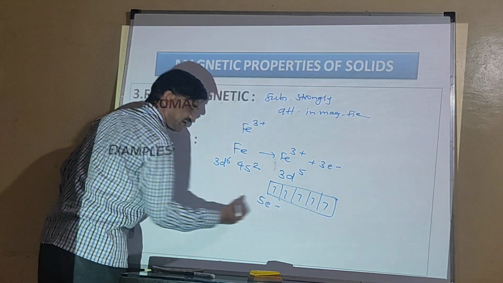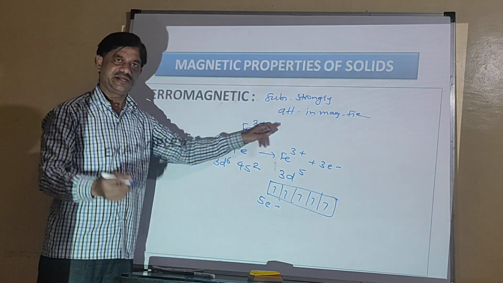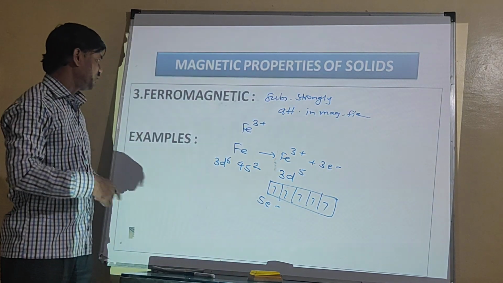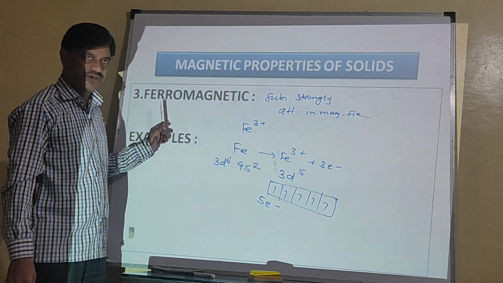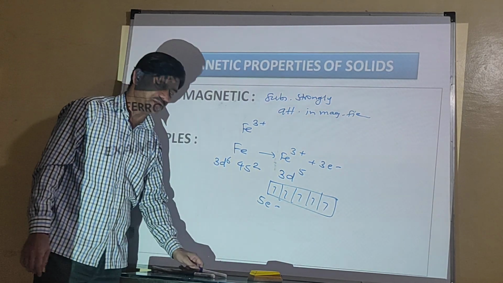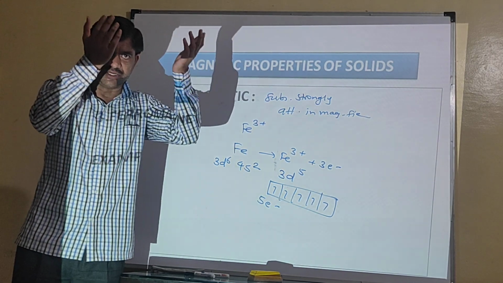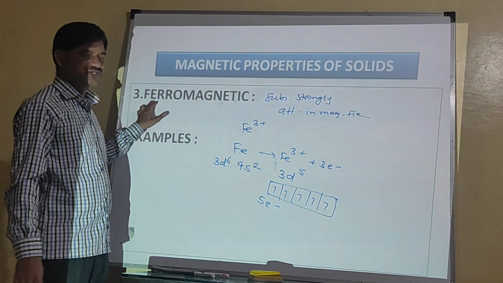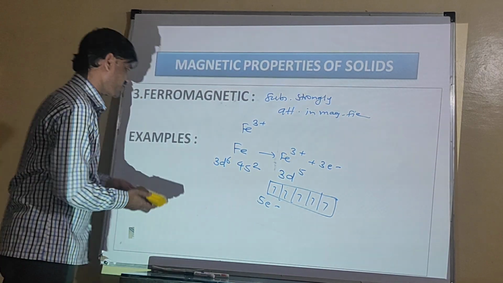How many unpaired electrons are there? 5 unpaired electrons. So it is strongly attracted in a magnetic field, that phenomenon becomes ferromagnetism, and that species is called ferromagnetic. And remember, in this case, the higher the number of unpaired electrons, the higher will be the paramagnetism, and that is nothing but which phenomenon? Ferromagnetism.